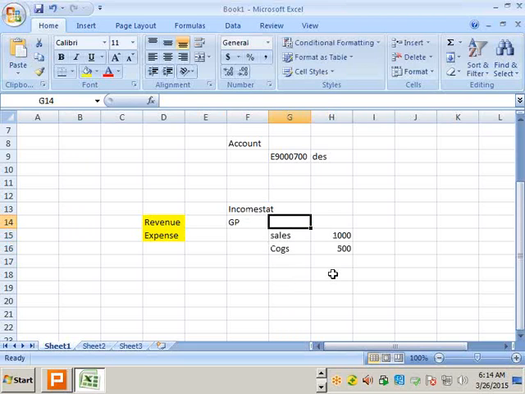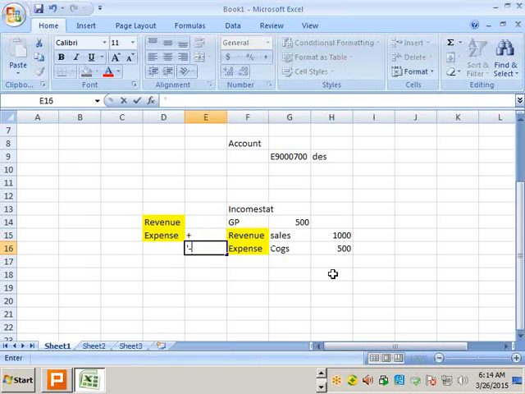We need to tag these account members as revenue account type, and this one as cost of goods sold expense account type. That means this member will work as addition and this member as subtraction, like plus and minus symbols. And I am going to give my gross profit as a revenue account type again.